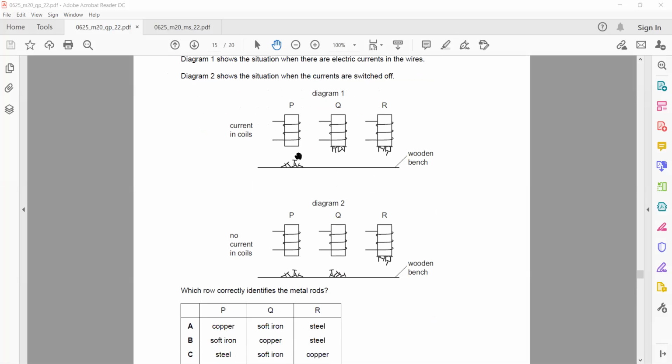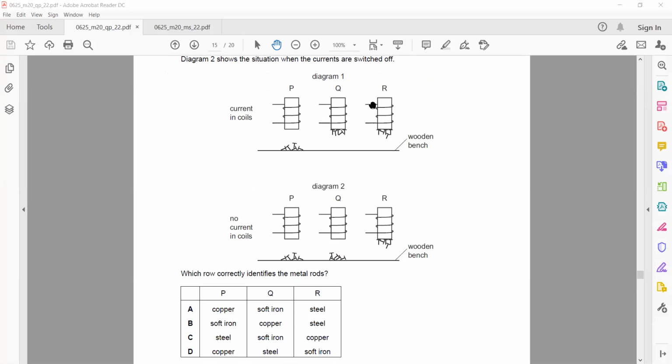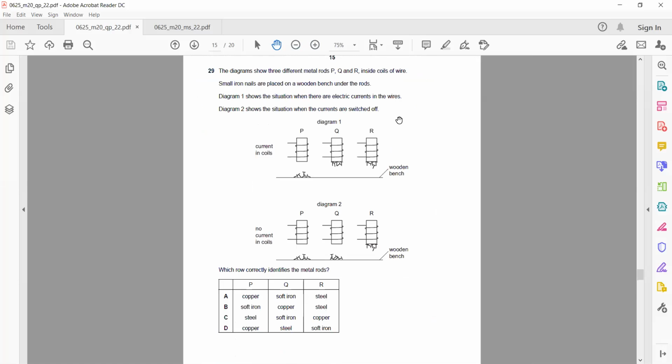Which row correctly identifies the metal rods? What is the right answer here?